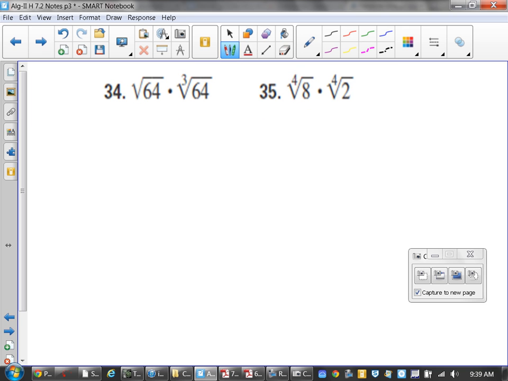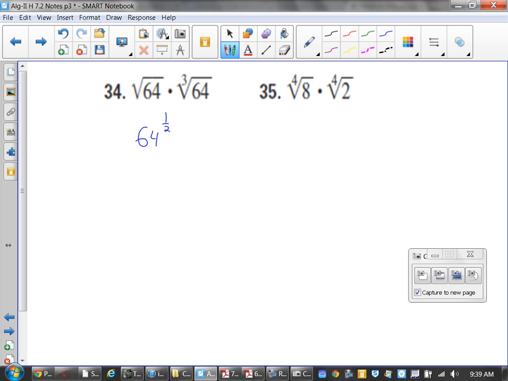To be honest with you, when I see radicals, nth roots if you will, I like to rewrite them as their base with the fractional exponent. I always think it's easier to do all of the work when I have a fractional exponent. I think it's cleaner. So the square root of 64, I know that is 64 to the half power. We okay with that?